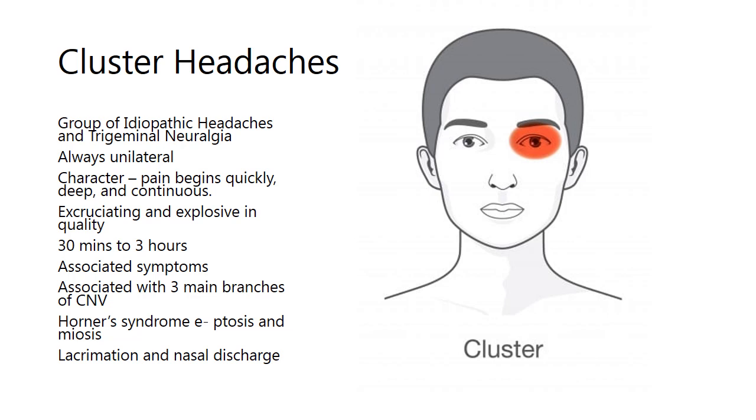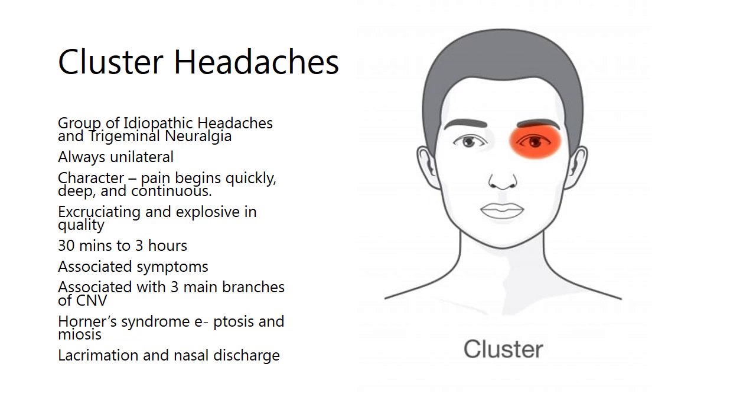These attacks are associated with a list of associated symptoms. So they will come with one or more of the following. That includes conjunctival injection, which is a widening of the blood vessels within the conjunctiva.